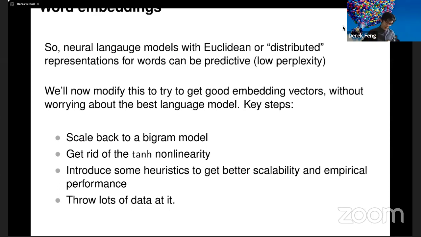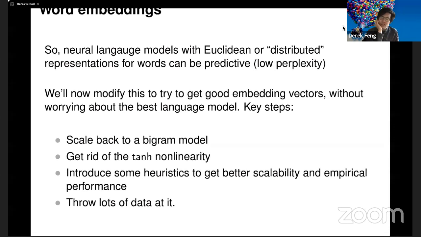In your head, you should think back to that really freaky graph with all those colors and lines, and there was a hidden layer with a nonlinear layer to it, and so on. So that was this thing called a neural language model.